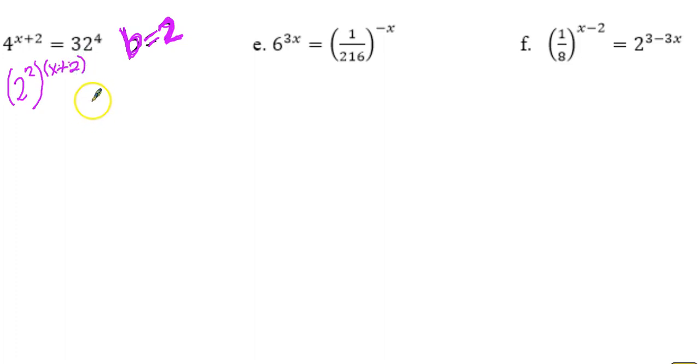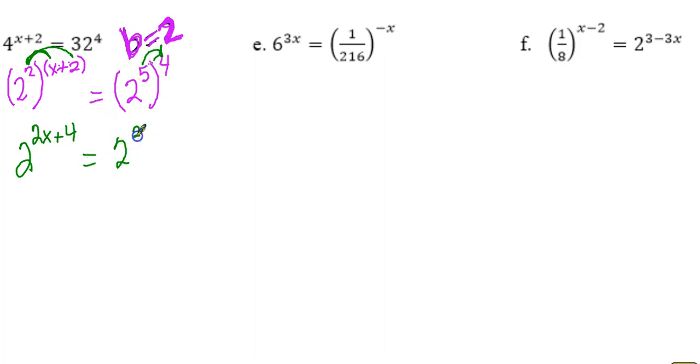You're going to have to distribute. And let's replace 32 with 2 to the 5th, to the 4th. Okay, power rule. So we're going to distribute. So that'll be 2 to the 2x plus 4 equals, distribute, 2 to the 20th.